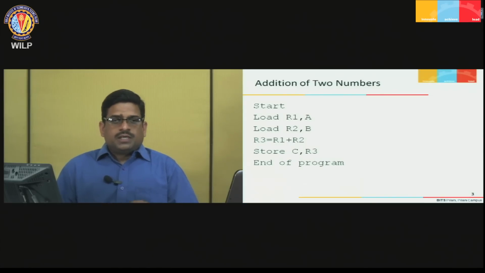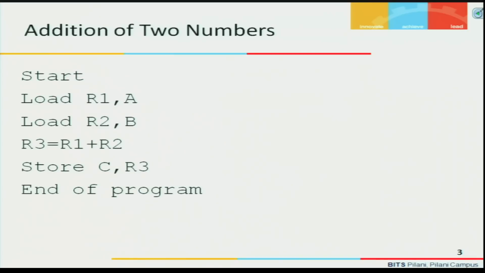So, let us start with a simple program. This program is for adding two numbers. Here numbers are assumed to be stored in the memory. A and B are the memory locations.